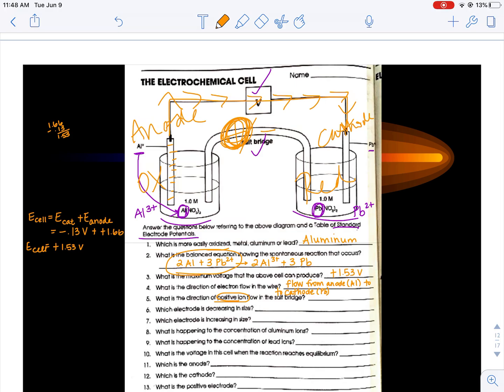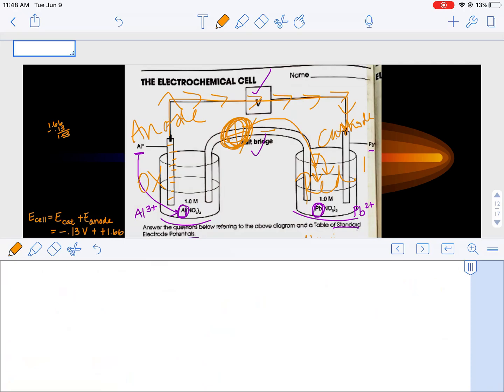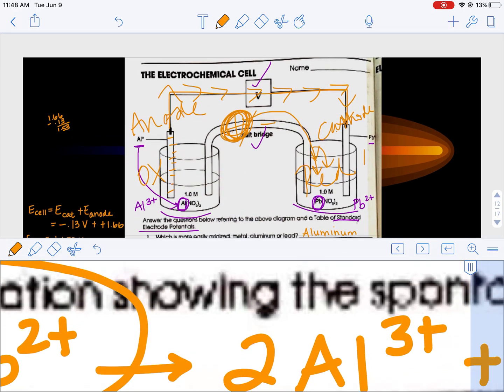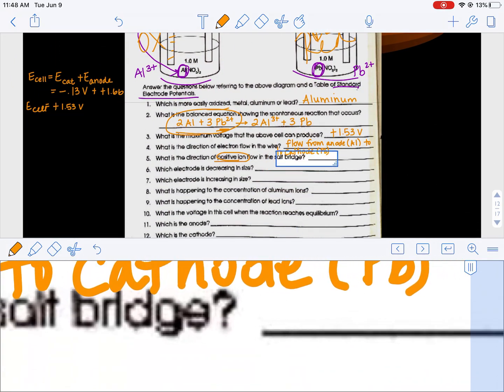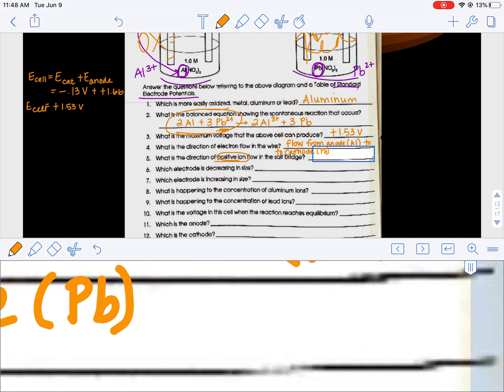So when I look at my chemical reaction, the cations that are getting used up are my lead. So the cations from the salt bridge are going to have to replace the cations that are reacting, which is in the cathode half reaction. So for those of you who want to memorize, the cation from the salt bridge goes to the cathode, go for it. For those of you who want to logically deduce it, that's fine too. You'll get to the same answer regardless. So the positive ions in the salt bridge are going to the cathode.